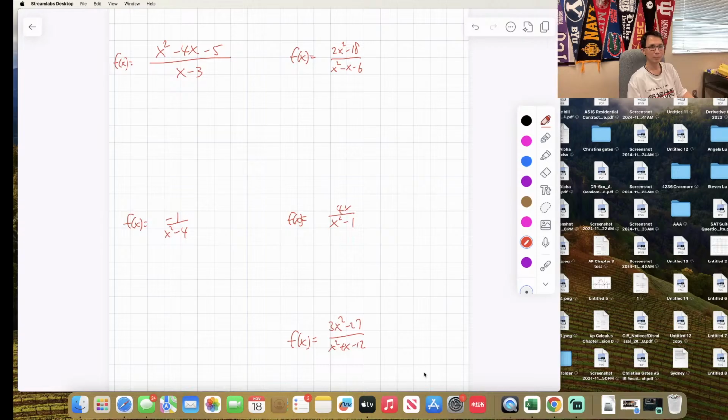Only after you graph everything do you check the decimals. You graph as much as you can, and then check the decimals.